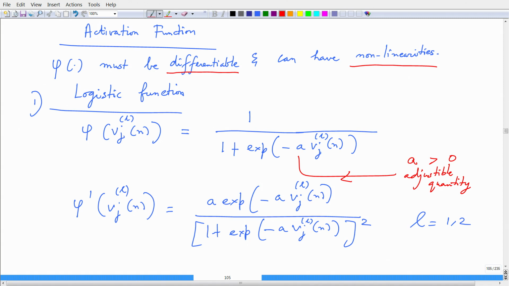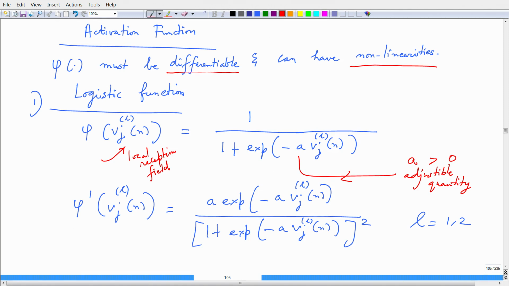Now, coming back, the logistic function is given by this equation, phi of Vj(n). The activation function always works over a local reception field. The term local reception field is more a qualitative term, but when you put this quantity Vj^(L)(n), you are bringing some quantitative aspects to that.